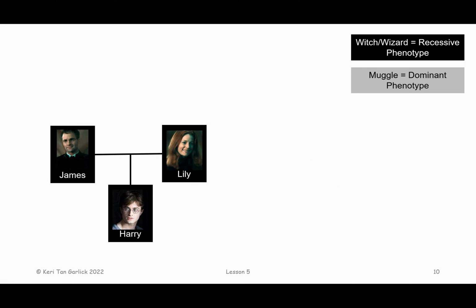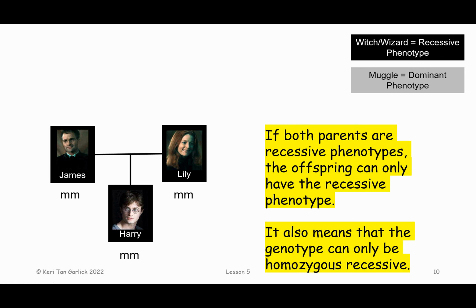So first off, let's look at Harry and his parents. In order to have the recessive trait, you need to be homozygous recessive, so you need to have two little m's. So since Harry is magical, he has two little m's. James would be the same, and Lily would be the same.